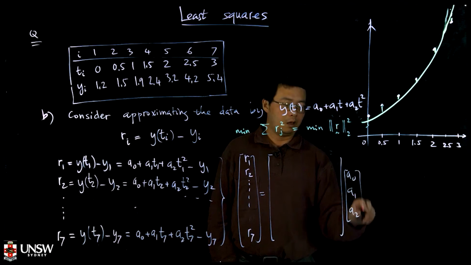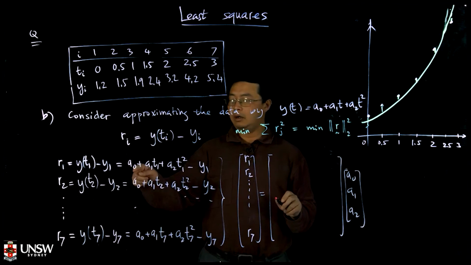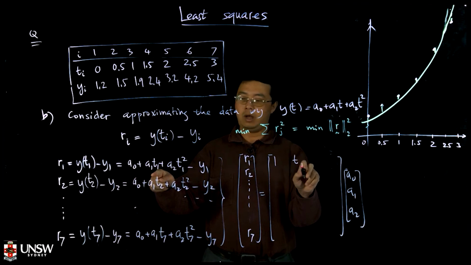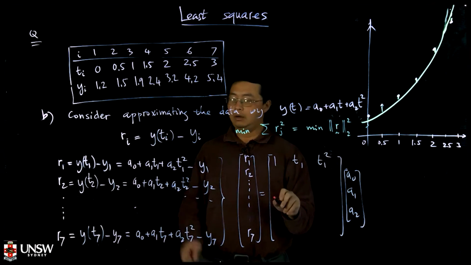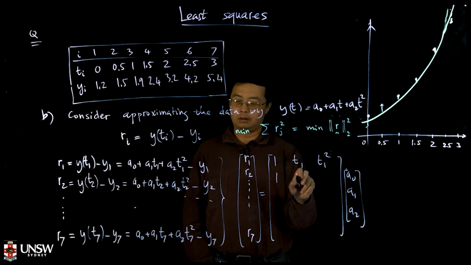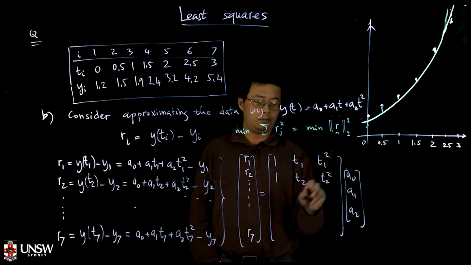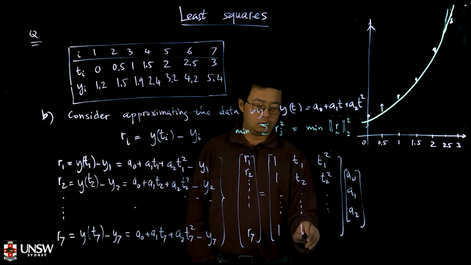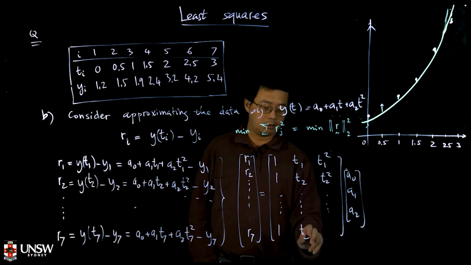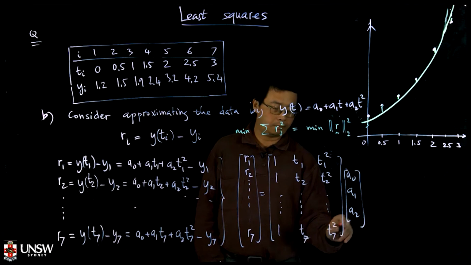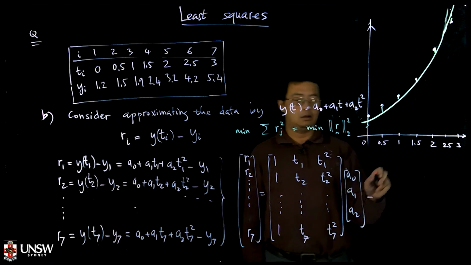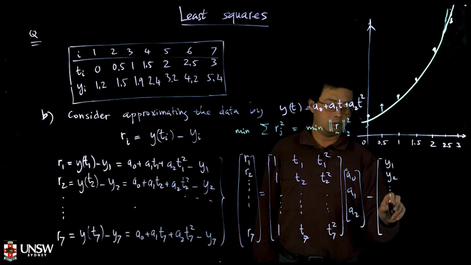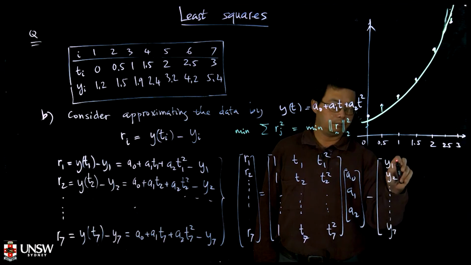The coefficients in the matrix will be 1, t1, t1 squared. Then the second row will be 1, t2, t2 squared, and so on, up to the last one, which is 1, t7, t7 squared, minus the data points y1, y2 up to y7.